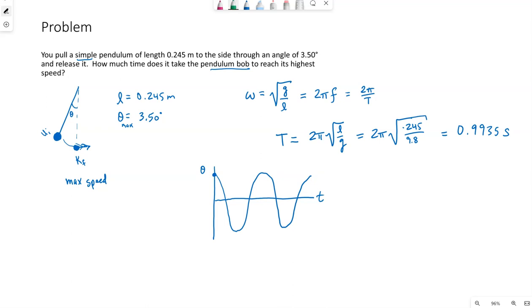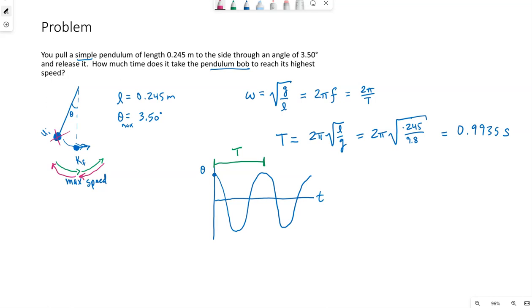We know the period is the amount of time it takes for the pendulum to go from one point in its motion to the next time it is at that identical point. So if I come back to my picture, that means the pendulum swings down, swings up to the other side to its maximum angle on the other side, and then it comes and swings back down, swings back up, such that it's back to this initial position. That is one full oscillation.